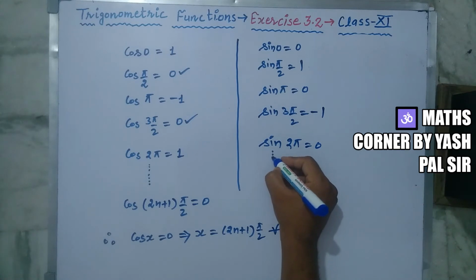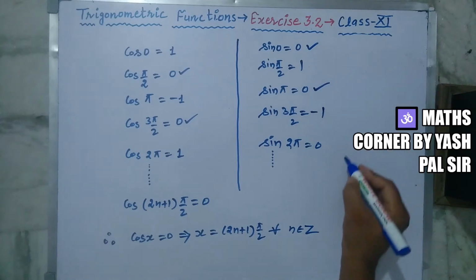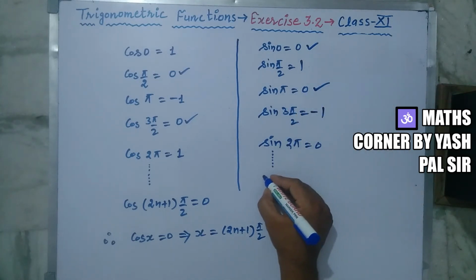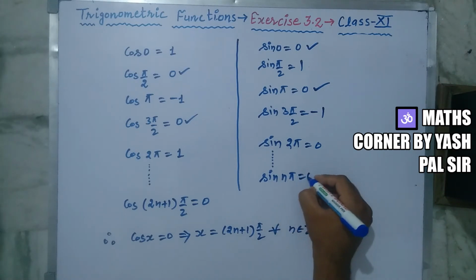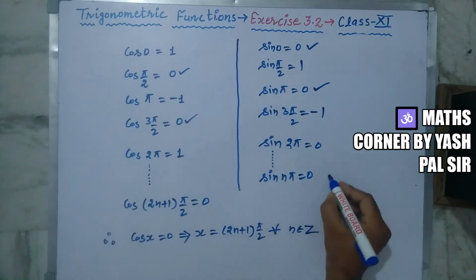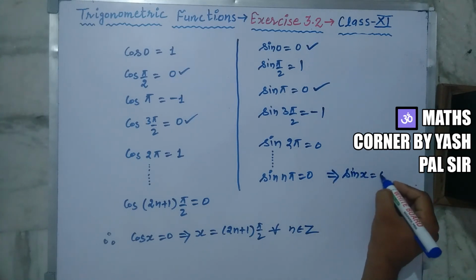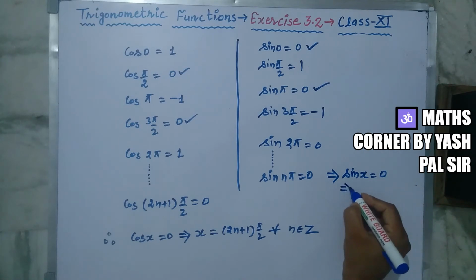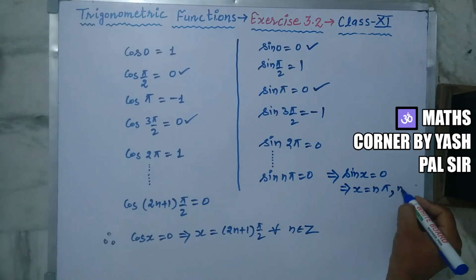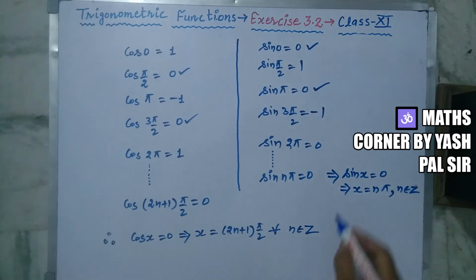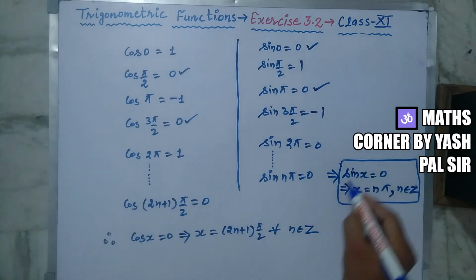So likewise proceeding, sin pi is equal to 0. Now what we can say, sin of n pi is equal to 0. So the conclusion is: sin x is equal to 0 means x is equal to n pi, where n belongs to Z. So these two results are very important.